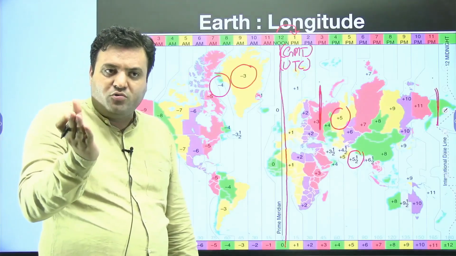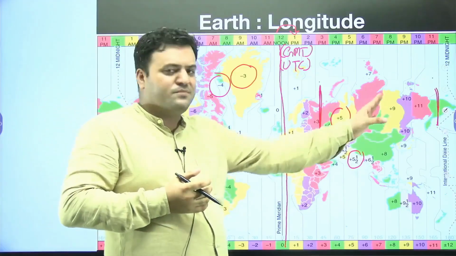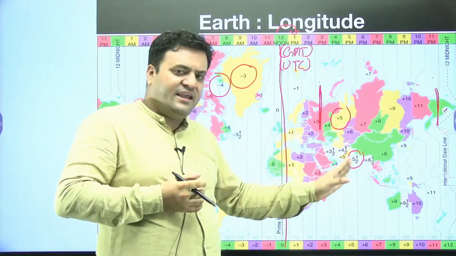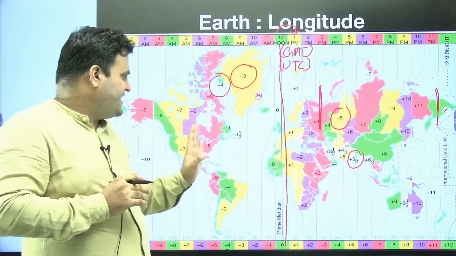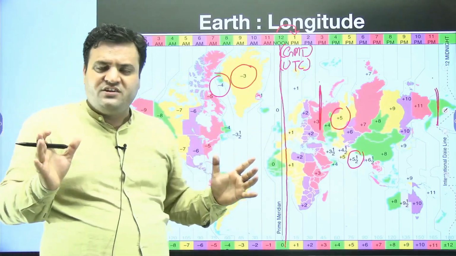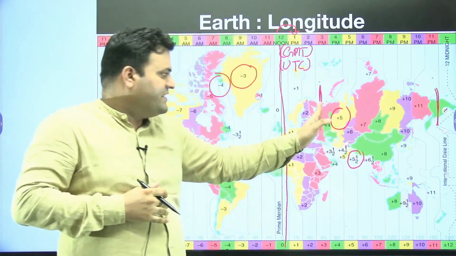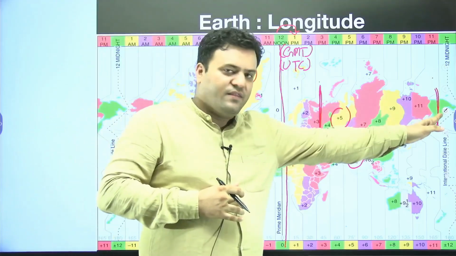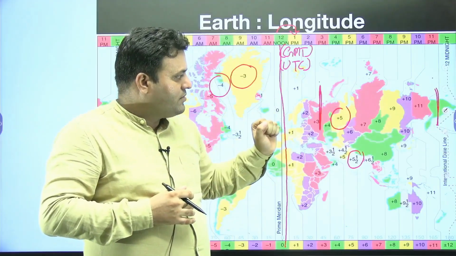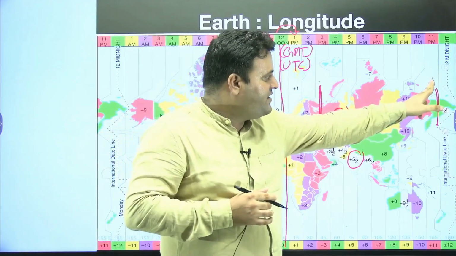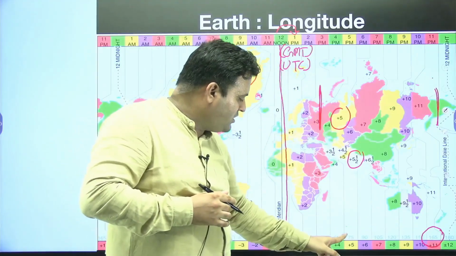In order to avoid that time difference, usually countries adopt what? Multiple time zones. Here if you see India, we are not that vast as compared to Russia, or let's say as compared to the USA. Vast means the longitudinal variation between the eastern part and the western part of Russia. You can see here the variation in terms of longitude. Here we have 165 degrees, and here almost 60 degrees.